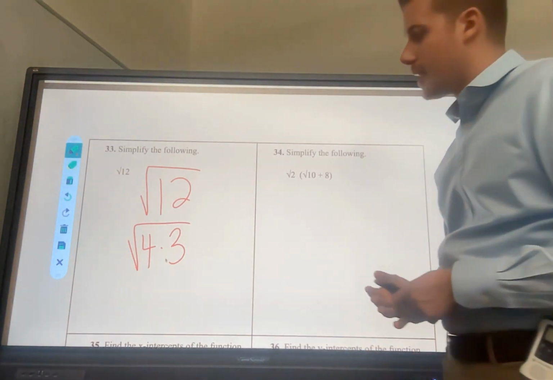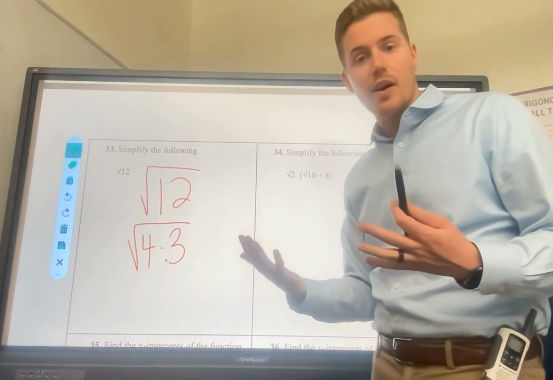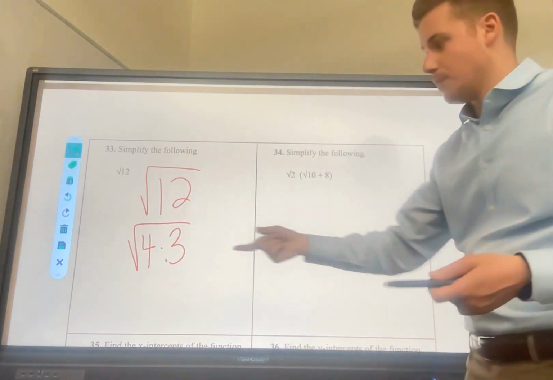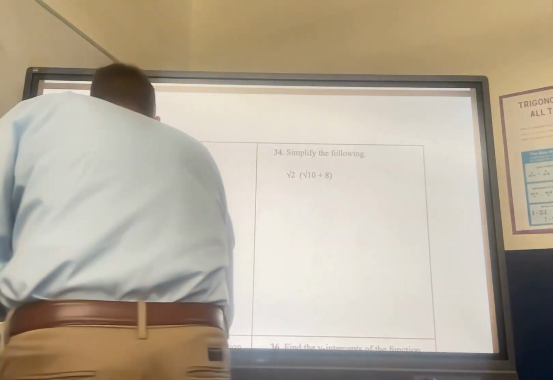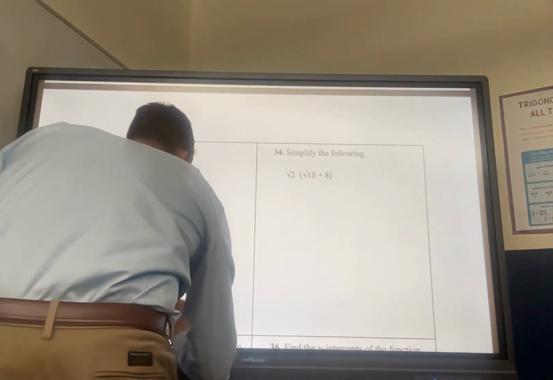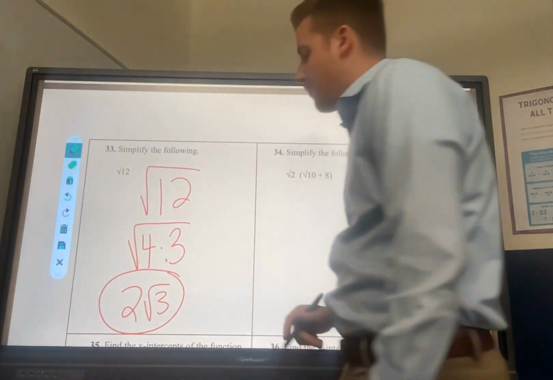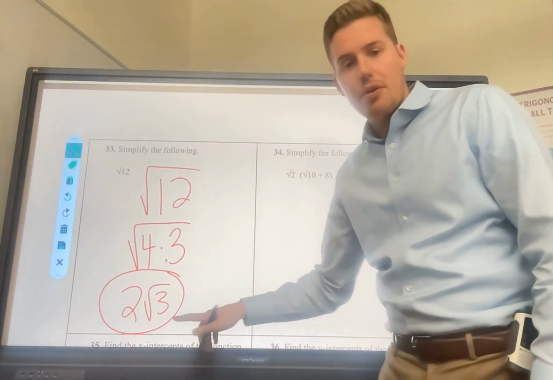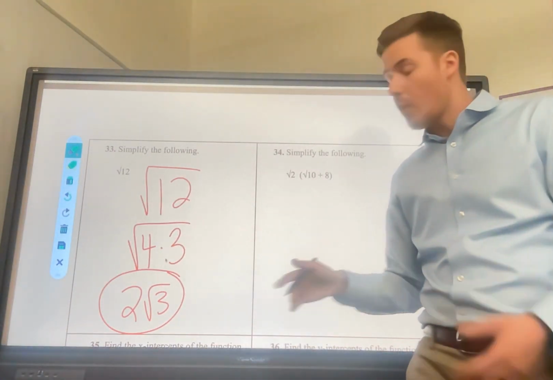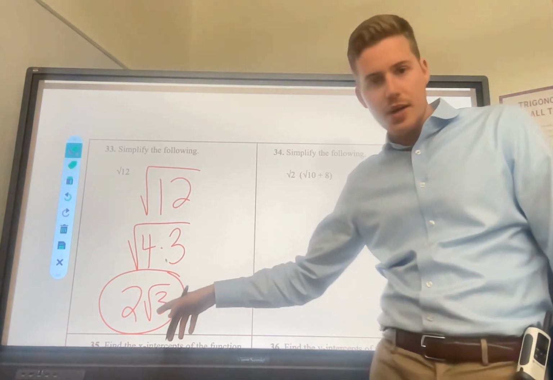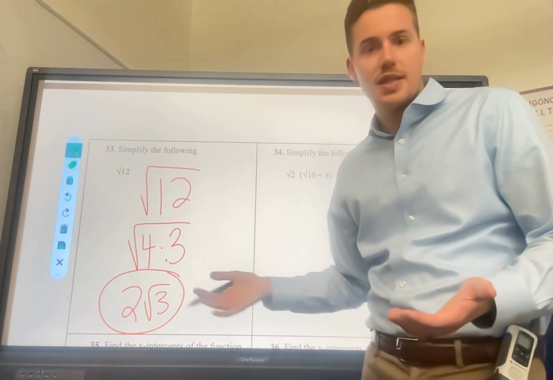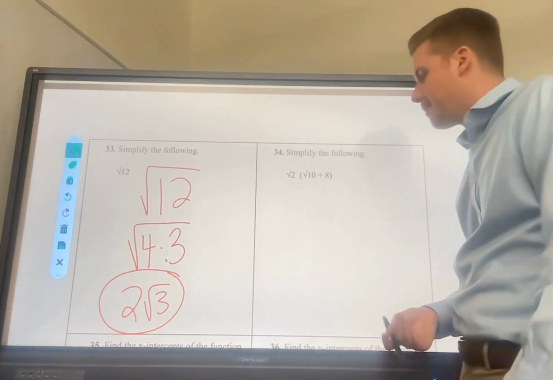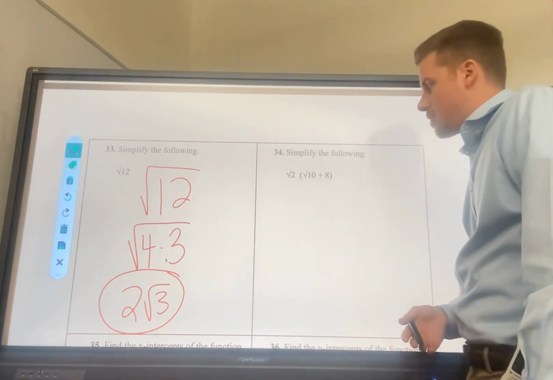And once I've rewritten it like this, because 4 is a perfect square, we can simplify here. So the square root of 4 is 2. And so my final answer is 2 root 3. You know you're done when what you have in the square root, there's nothing more you can do, right? And so in this case 3, there's nothing you can do with that. So we've hit a dead end.